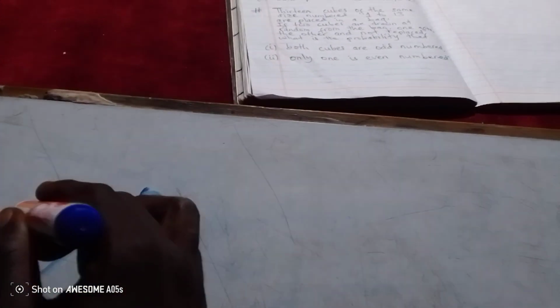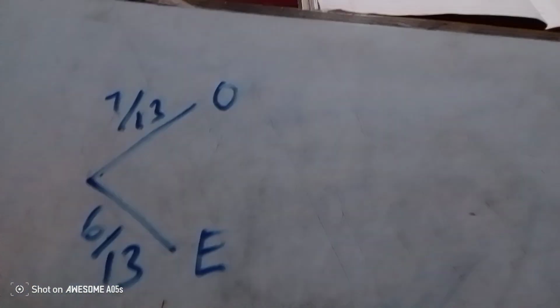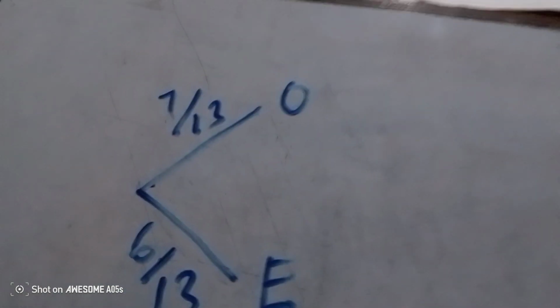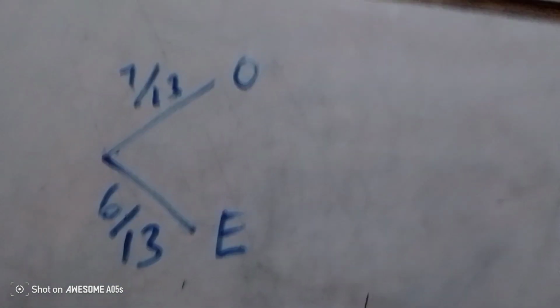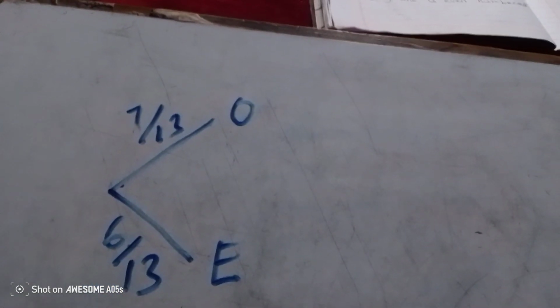So for odd numbers, we are saying we have got 7 of them out of a total of 13 numbers. Then for even numbers, we have got 6 numbers out of a total of 13. Now, looking at what I said in the previous video, if you add the numbers on the branch, it should always give you 1.